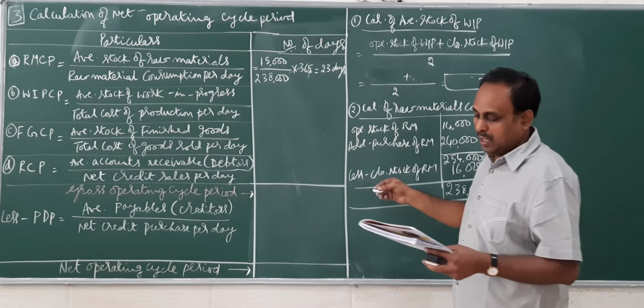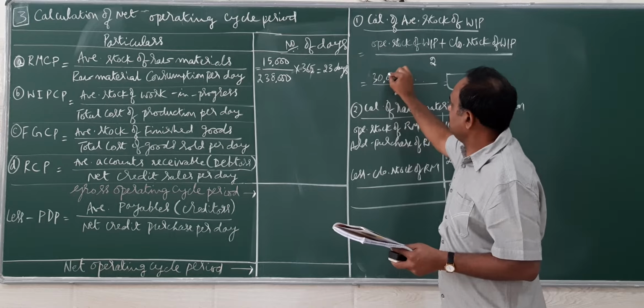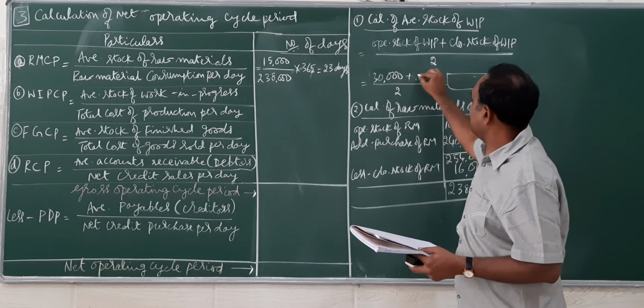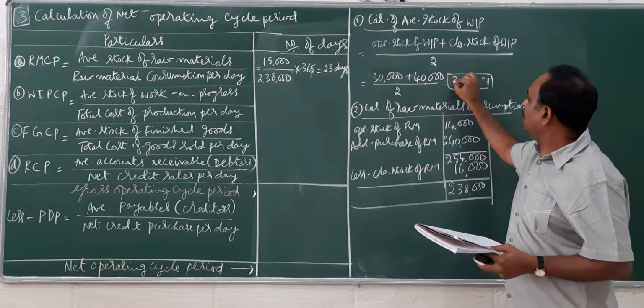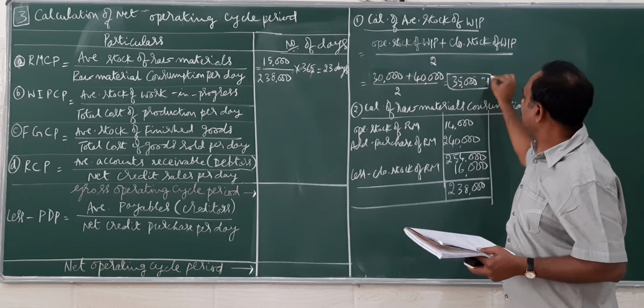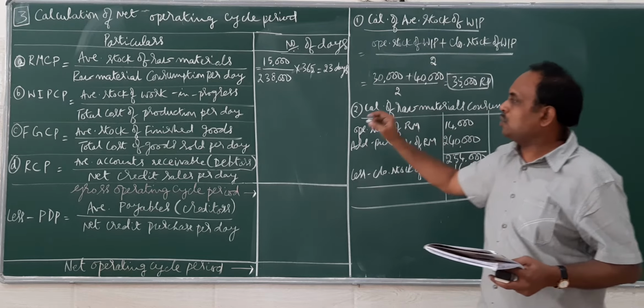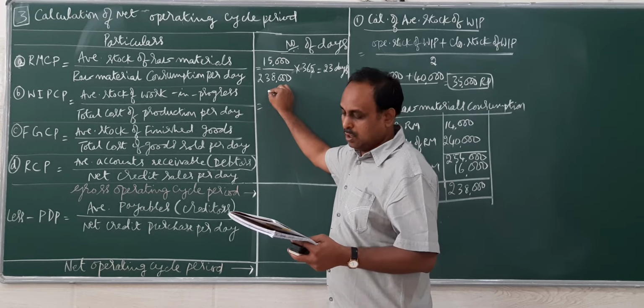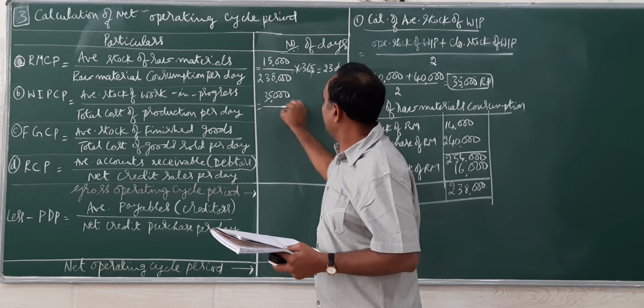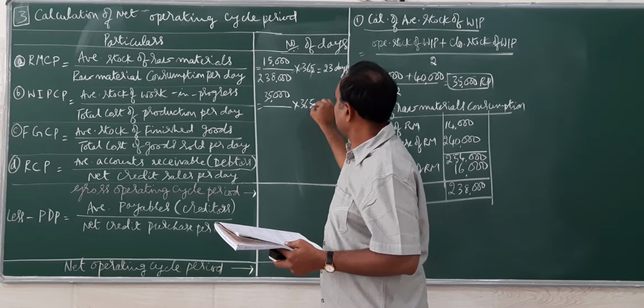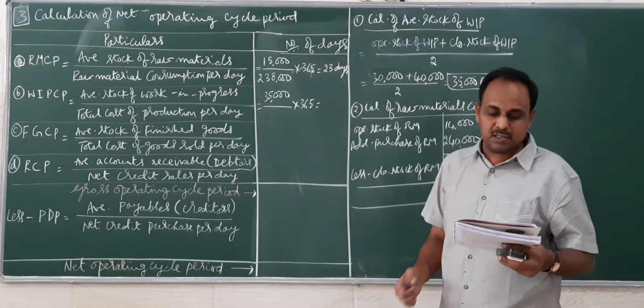You have on the debit side 30,000, credit side 40,000. Divided by 2, you are going to get 35,000 as average stock of work in progress. So you are going to take here 35,000 rupees as average work in progress.